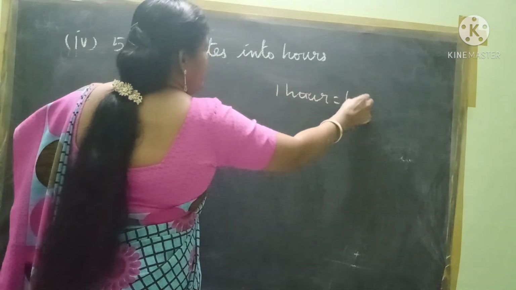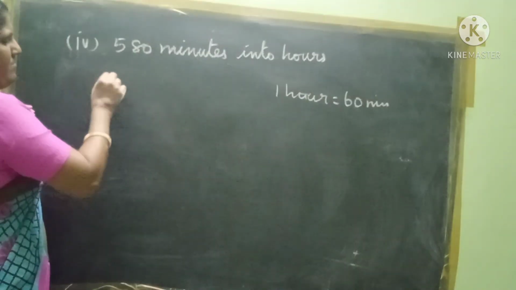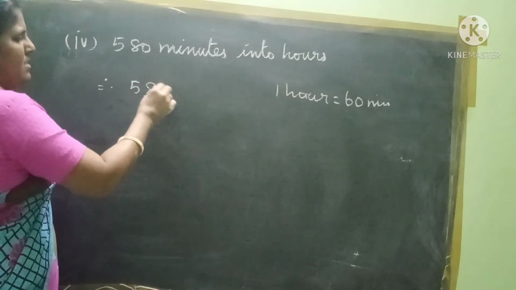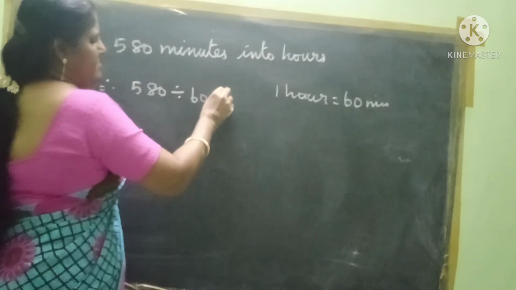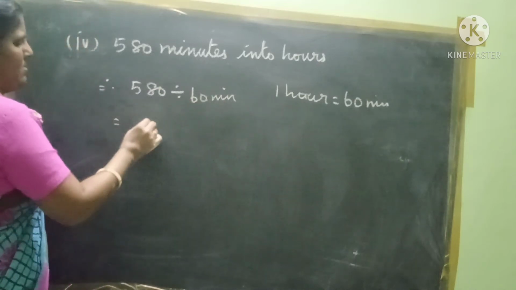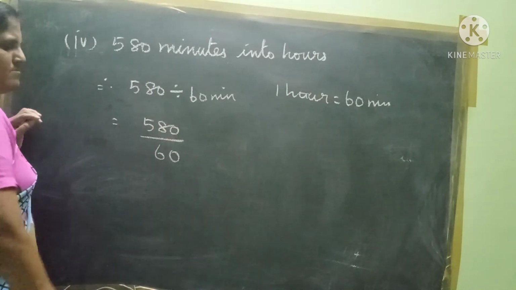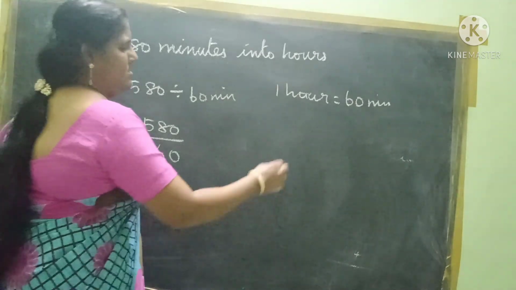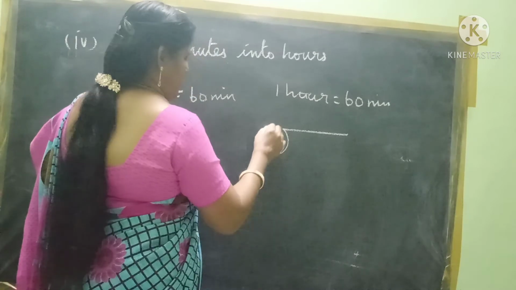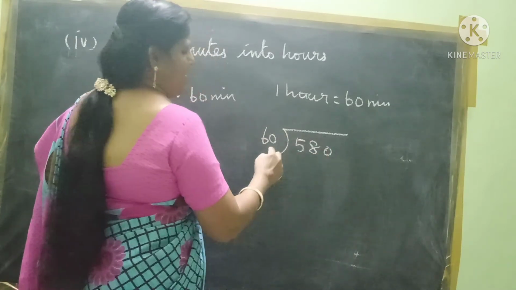That's 60 minutes. Therefore 580 minutes divided by 60 minutes equals 580 divided by 60. Let us see this. How to divide the number? So 60, 580.